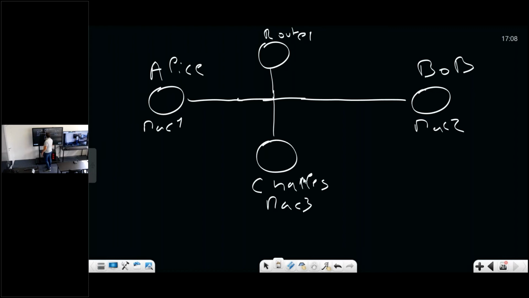So now, if they want to communicate, what will the router do? It will use a protocol called DHCP to give you a new type of address. So this is a private address.